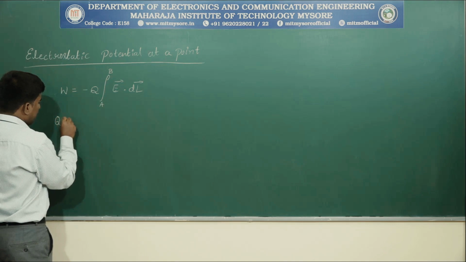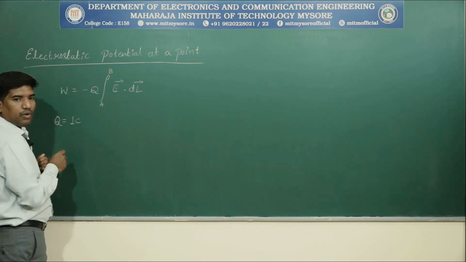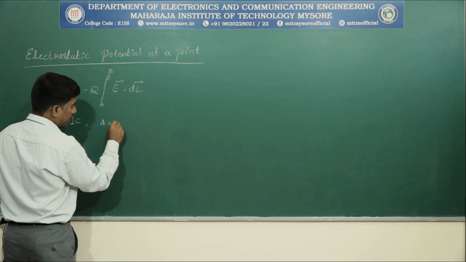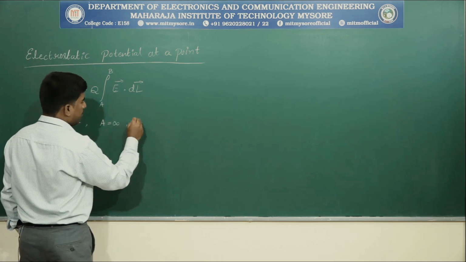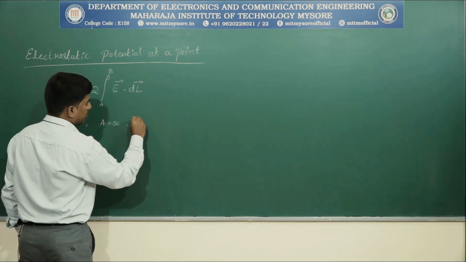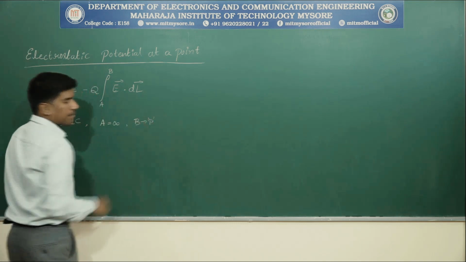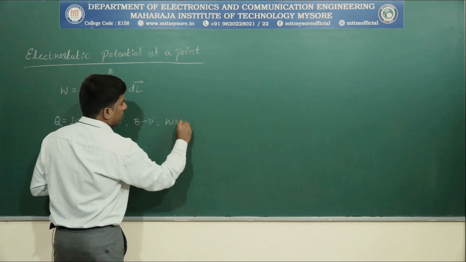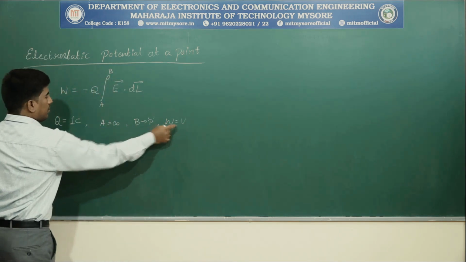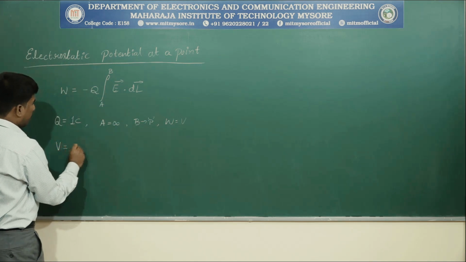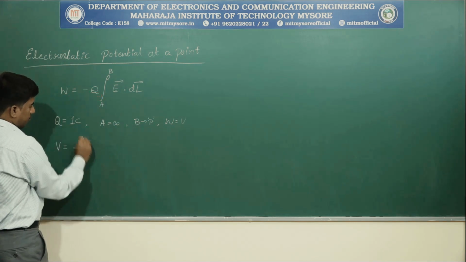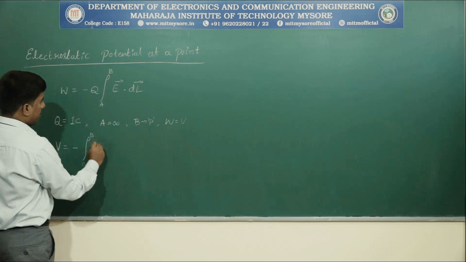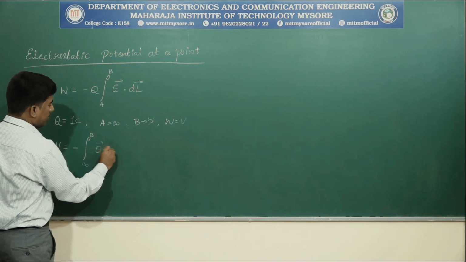When the charge is a unit positive charge of 1 coulomb, point A is at infinity and point B is at a particular point P. Then work done becomes potential V. V is equal to minus Q, which is 1, integration from infinity to B E dot dl.